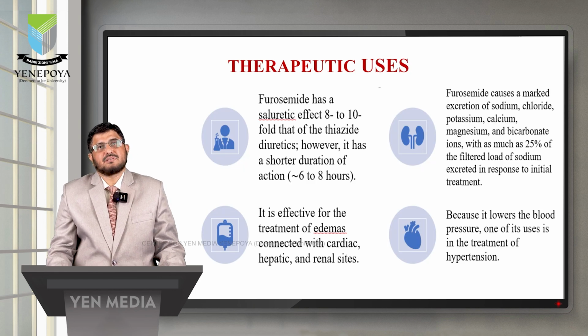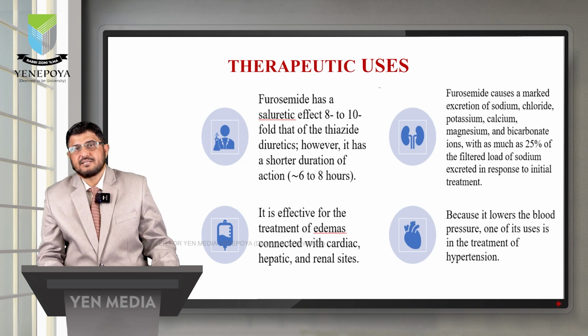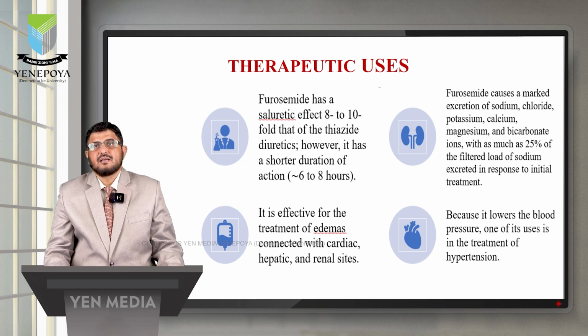Therapeutic uses of furosemide: it has a saluretic effect. It has a short duration of action, 6 to 8 hours, and is effective in the treatment of edema caused by cardiac, hepatic and renal conditions.